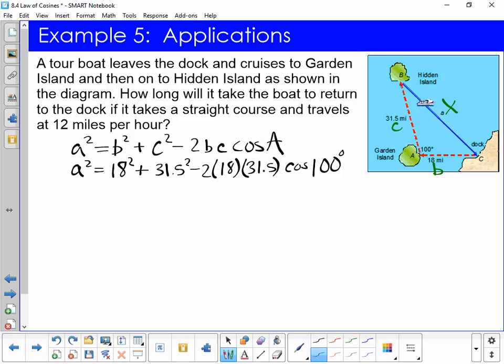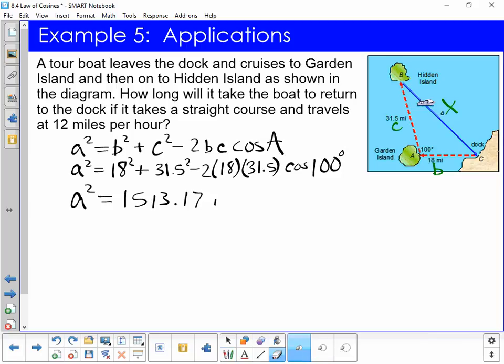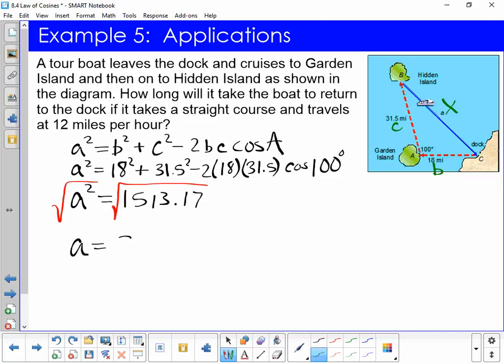So if we crunch those numbers in our calculator, we come up with that a squared, and don't forget that's not a, that is a squared, is 1513.17. That's probably good enough. And now if we want to know a, we have to do the square root. And we find that a is about 38.9 miles.